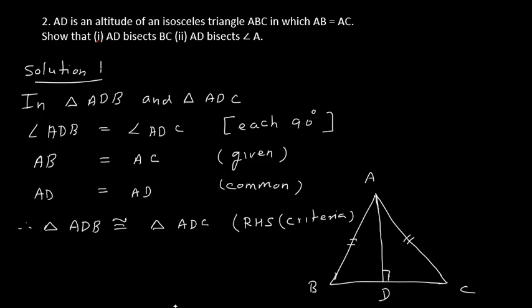Therefore, as this is RHS criteria, your corresponding parts, that is BD is equal to CD and angle BAD is equal to angle CAD. Okay, this is corresponding parts of congruent triangles.